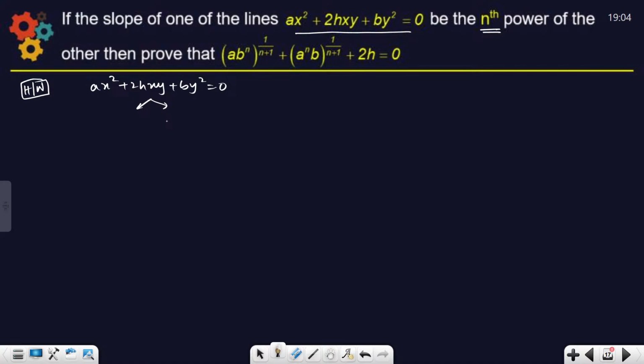I mean, the two straight lines have two slopes. If one is m, the slope of the other straight line will be m to the power n, right? If it is so, then prove that this relation holds true. Pretty simple sum. Please try this on your own. Otherwise, I will do it in the next class.